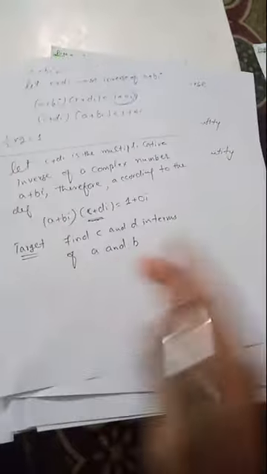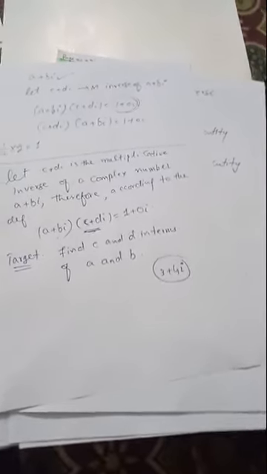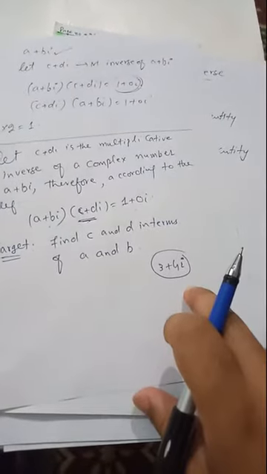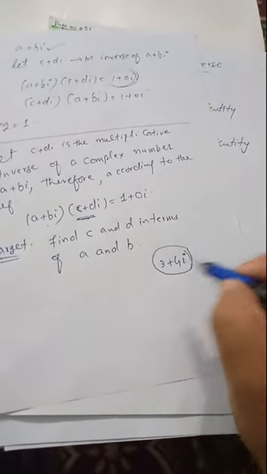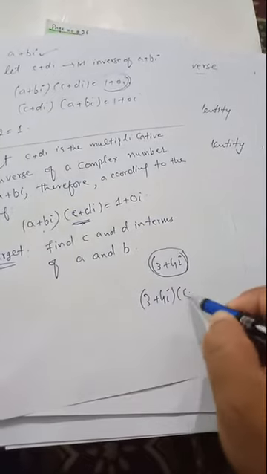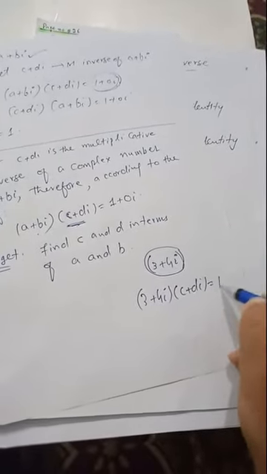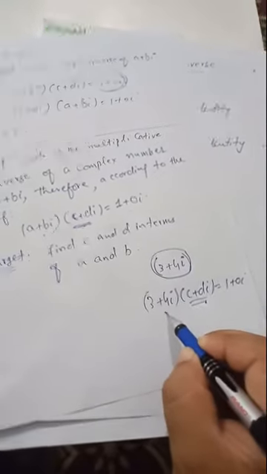For example, it is given that 3 plus 4 iota is a given complex number. What complex number is multiplied with this to get 1 plus 0 iota? Say I multiply c plus d iota and I get 1 plus 0 iota.